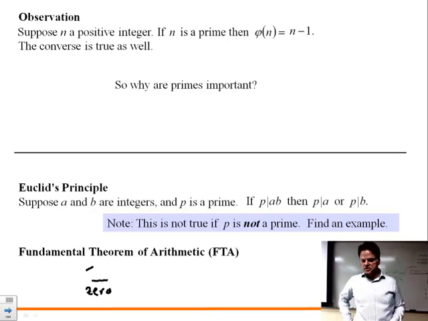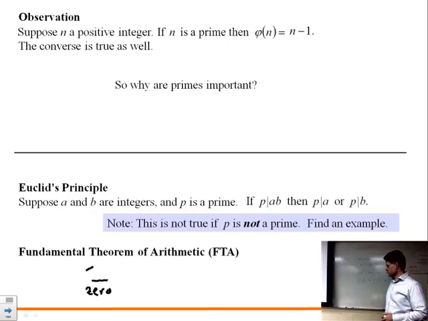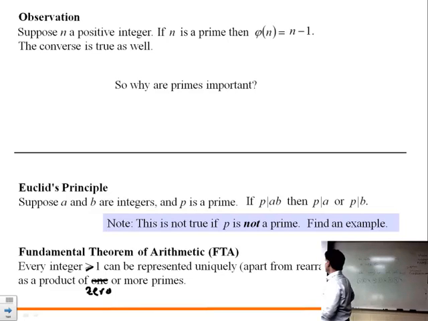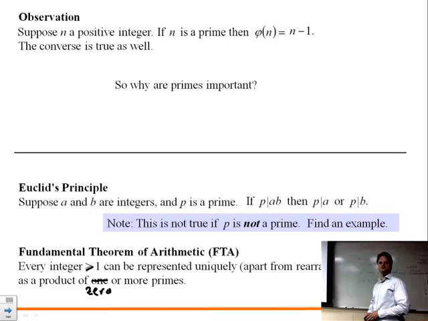So primes are important because of this theorem, and this theorem only. Every integer, at least one, can be represented uniquely, apart from rearranging the terms, as a product of 0 or more primes. So every positive integer can be written uniquely as a product of prime numbers.